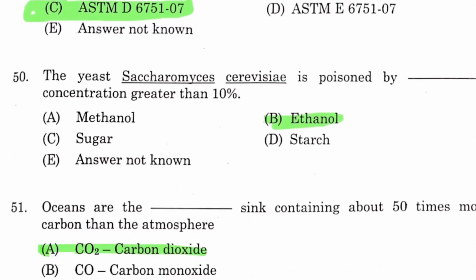Next one is yeast, Saccharomyces cerevisiae is poisoned by dash concentration greater than 10%. So if the concentration is greater than 10% of ethanol, that is dangerous.